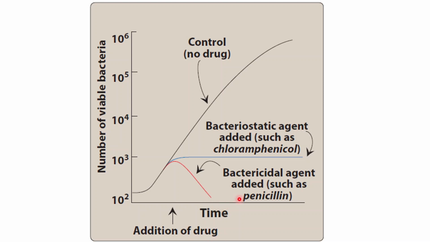The penicillin, for example, is bactericidal, while chloramphenicol is bacteriostatic. And usually you don't want to combine these simultaneously in one patient at the same time because they will reduce the effectiveness of each other.